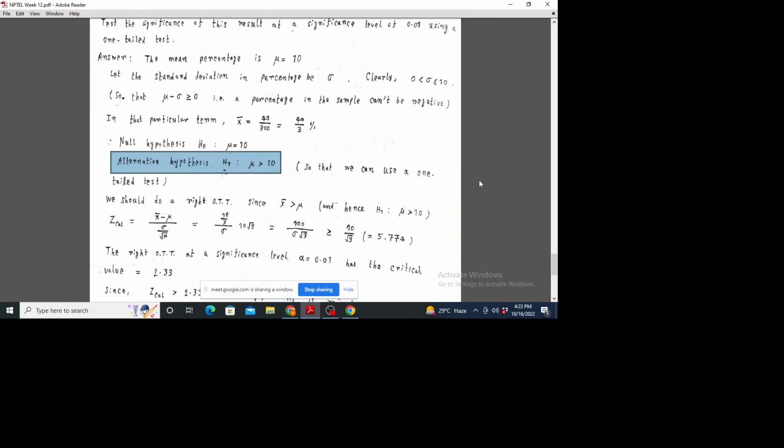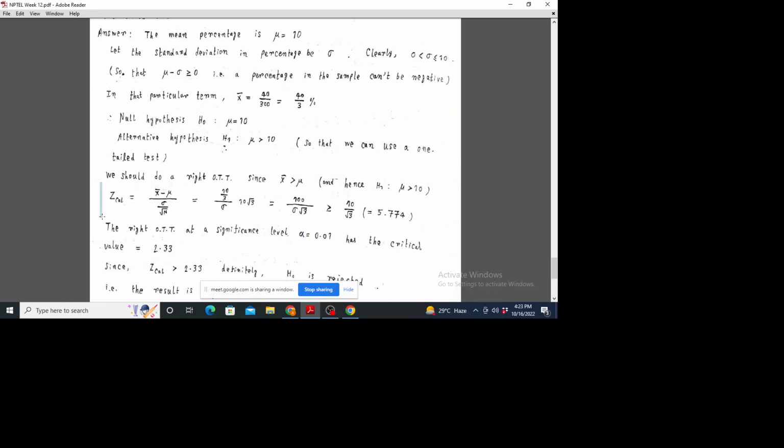Since in the sample x bar is greater than 10, it will be beneficial to choose mu greater than 10. And since we are asked to use the one-tailed test, we can use the right one-tailed test.